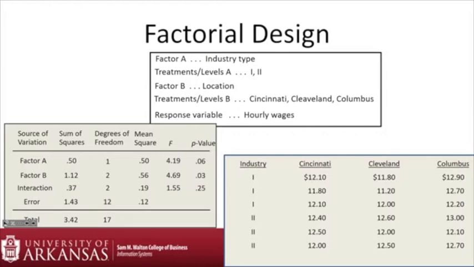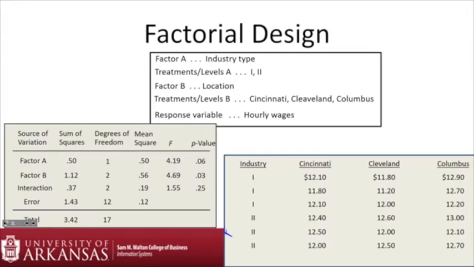So for factor A, we're going to have our industry type, and it's going to have type 1 and type 2. Factor B is location, and it's going to have a treatment of Cincinnati, Cleveland, and Columbus. So now our data are set up in such a way that this is industry. Let's write this so you can see it later.